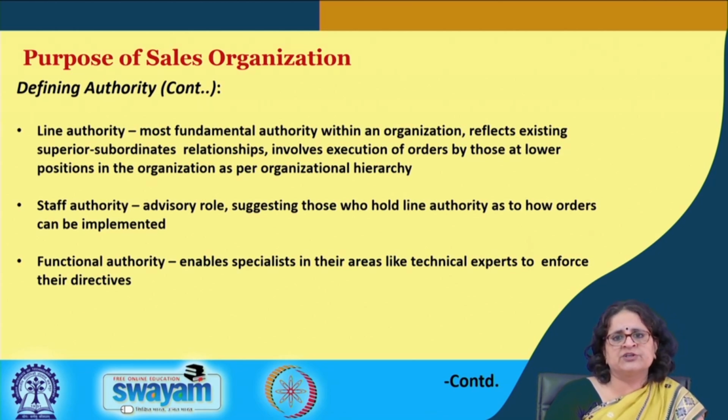The orders are executed by those at the lower positions, and the orders come from the top. The staff is an advisory role that acts as a support function. They also suggest to those who hold line how the orders have to be implemented and how things have to be done. So it's more of an advisory role, and the functional authority takes care of specialized roles in areas like technical experts to enforce their directives.